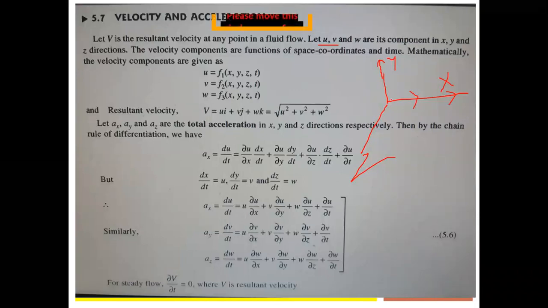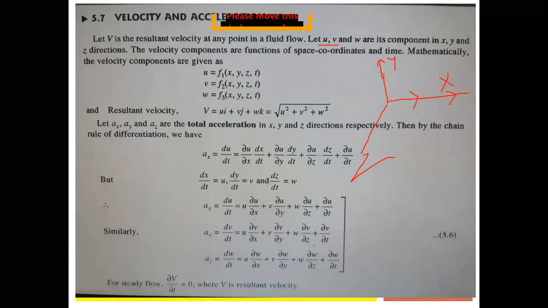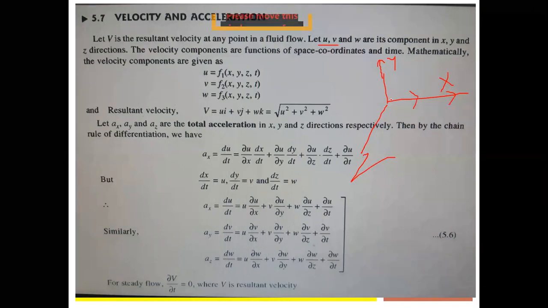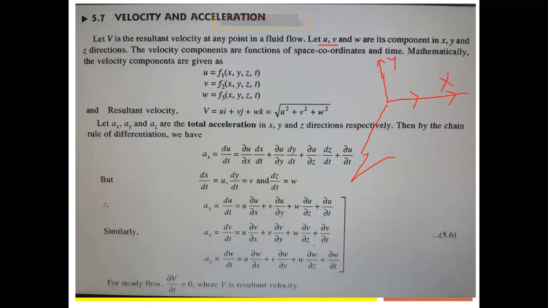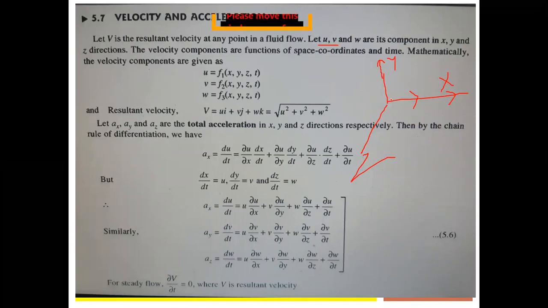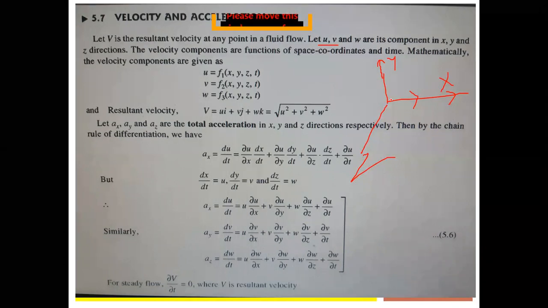So like this, the velocity components are functions of space coordinates and time. Then mathematically the velocity components are given as u is equals to f1 of x, y, z, t, with respect to time t. Next, v is equals to f2 of x, y, z, t. w is equals to f3 of x, y, z, t.